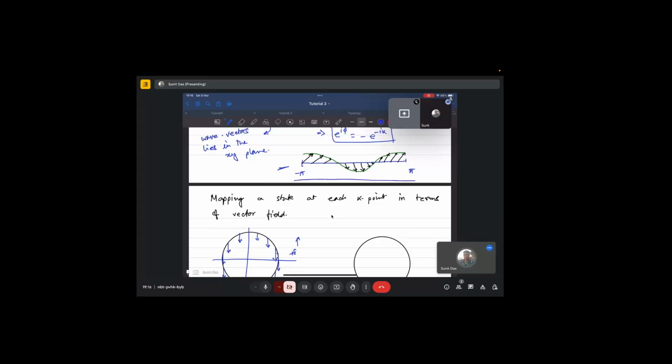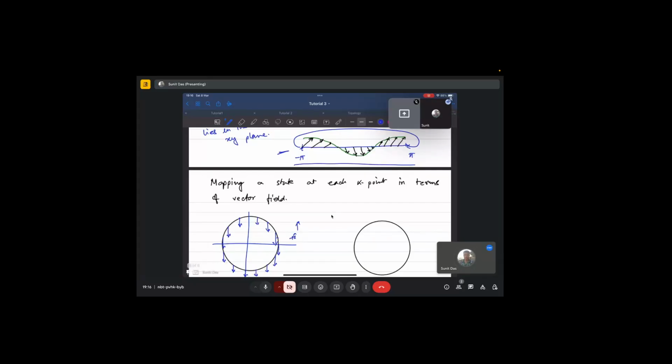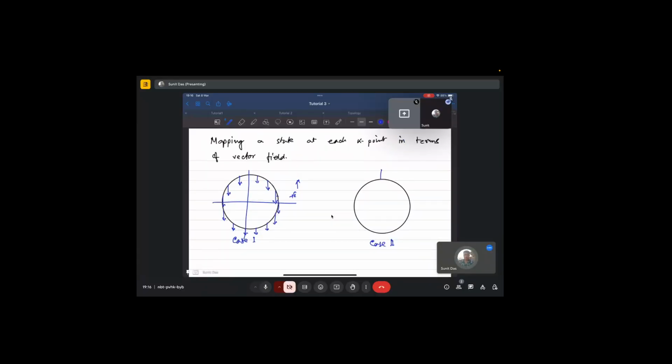Now, if we take these two end points and make them touch each other, you can think of this as a comb, and you are just making it a round, circle-shaped thing. Then your vector fields will look something like this. So, all are outward.